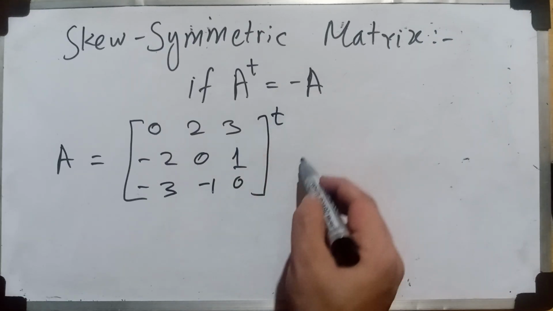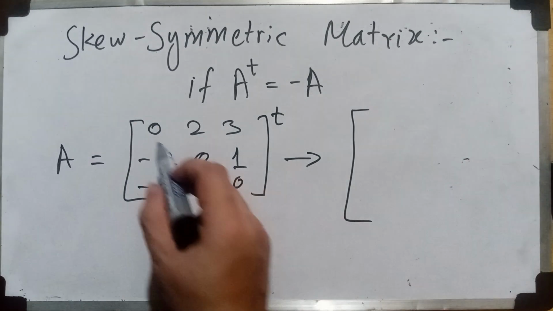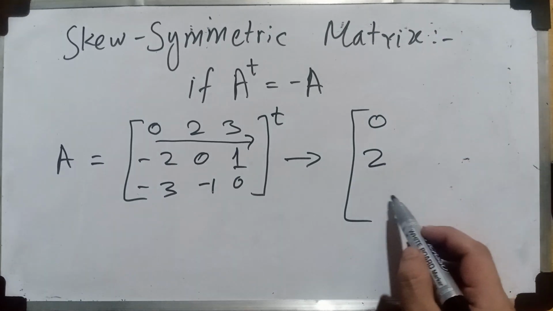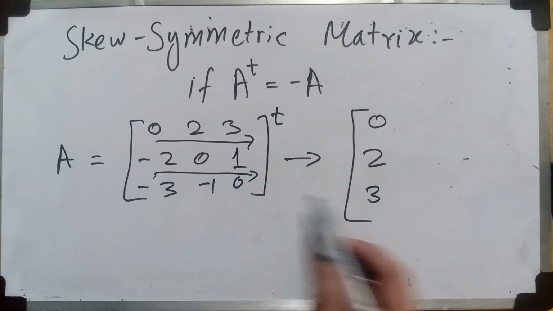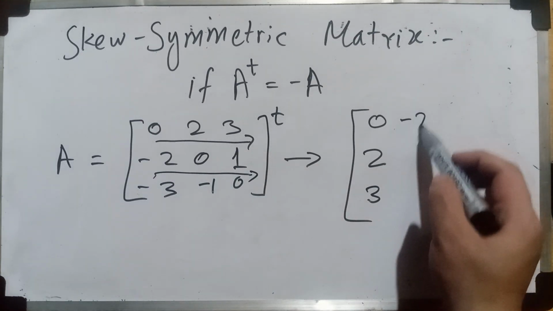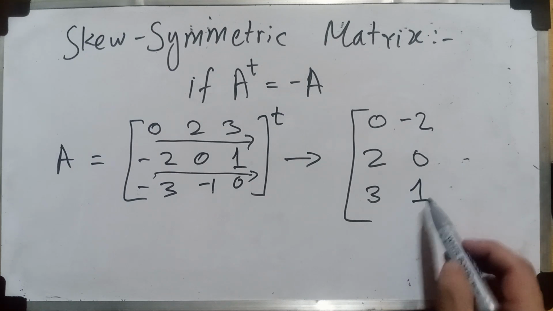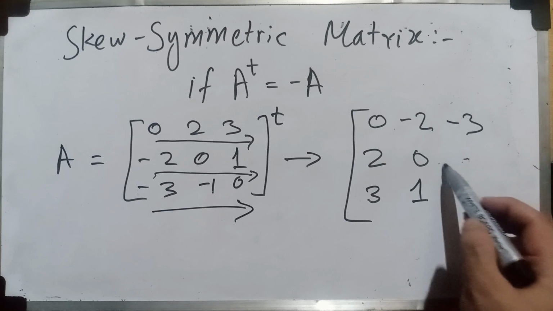Now let's take its transpose here, and let's see. I'm going to convert the first row there into a column: 0, 2, and 3. Now let's take the other row there. I'm going to convert this into a column there. Now take the last row and convert it into a column.